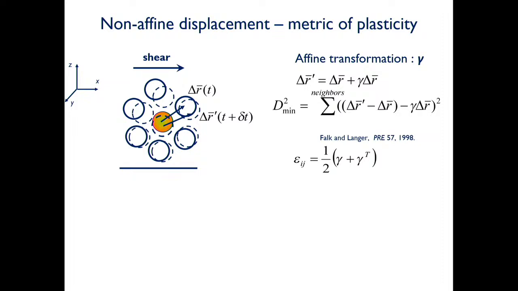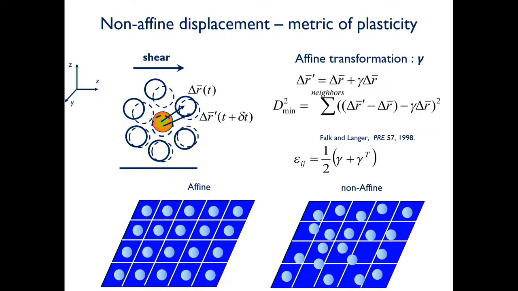In sheared systems, once again we need to identify the rearrangements, and I'm going to tell you how we do that. This is based on the non-affine displacement of the particles. You have a particle, and then you have the neighbors. By doing microscopy, one can compute the non-affine displacements.